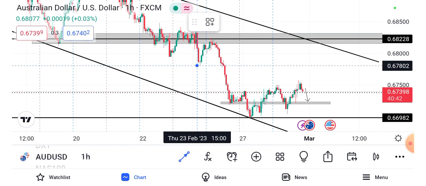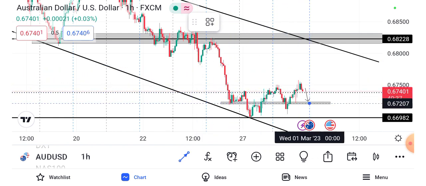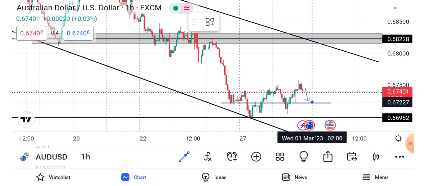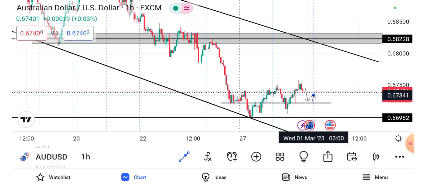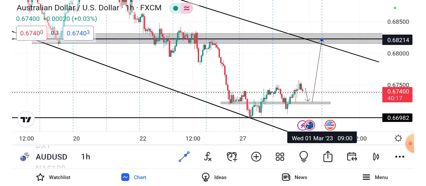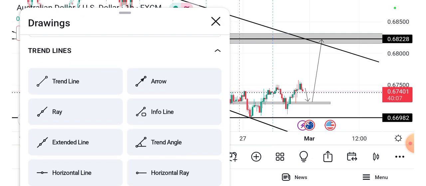You understand what I mean? So the main reason why we go to smaller time frames to identify these things is for us to be able to be in profit the minute we actually get into the trade. So we need to check the probabilities and everything, right? So it has to actually sell for now and retest to this level before we go all the way up. So I'm gonna be a bit patient, and wait for it to go all the way down before I continue with my buys.